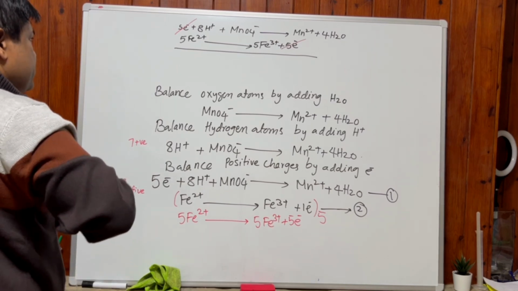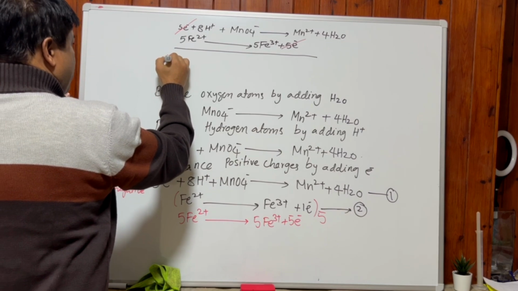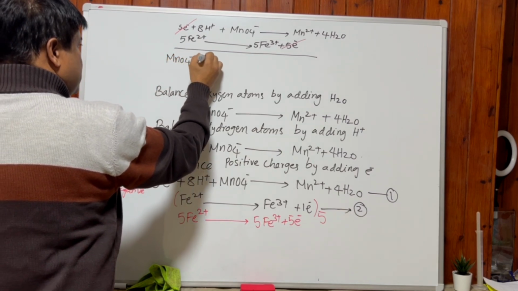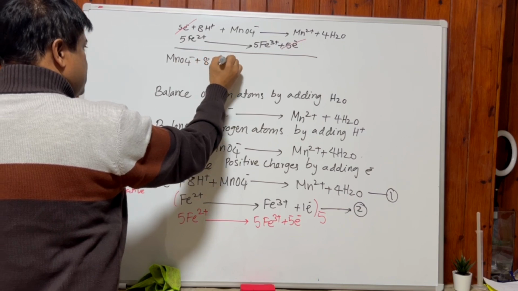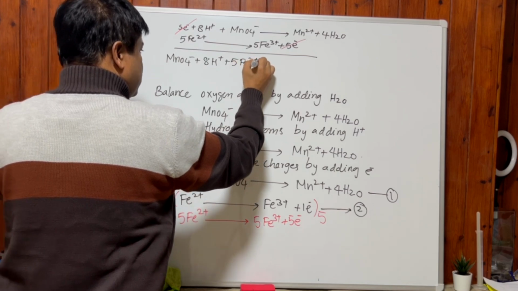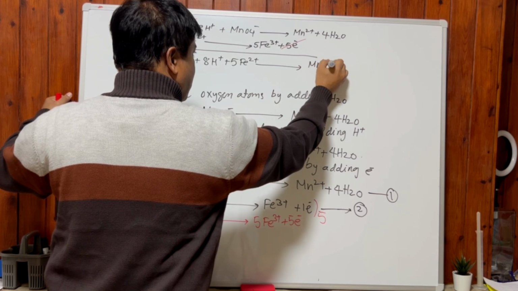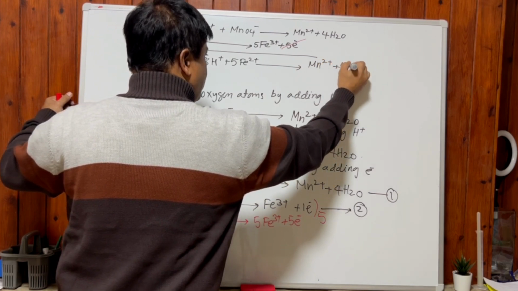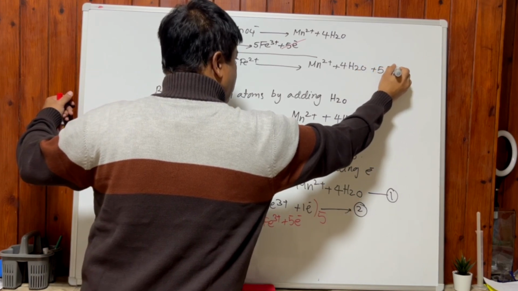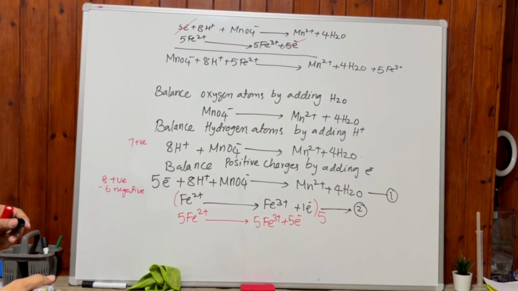So on the reactant side, we have MnO4- plus 8H+ plus 5Fe2+ that gives Mn2+ plus 4H2O plus 5Fe3+. Is that okay?